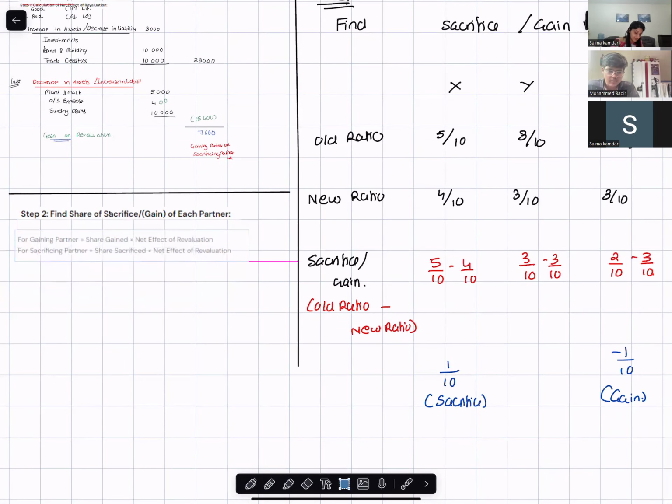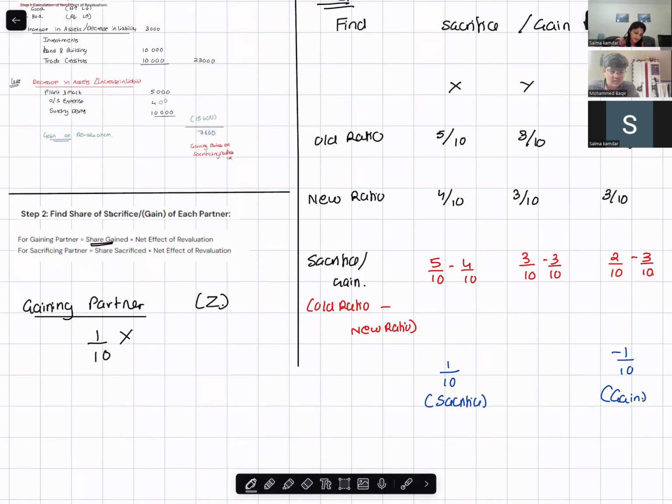The gaining partner is who? Gaining partner is Z. How much has he gained? Share gained is how much for Z? 1 by 10.